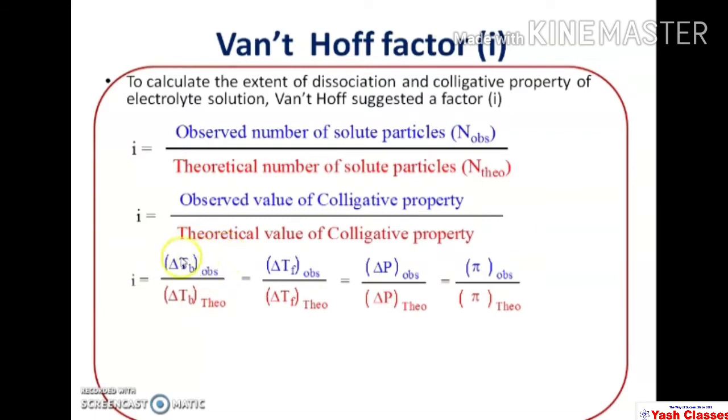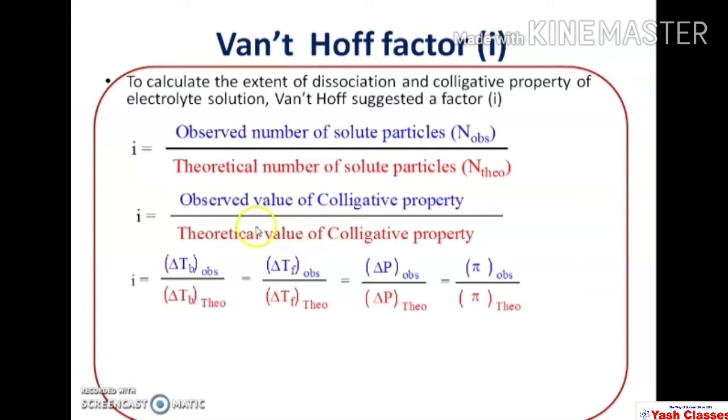Actually observed colligative property is, for example, when an electrolyte dissociates and we get more value of colligative property than expected, that is observed colligative property. And theoretical colligative property is the value calculated or obtained considering there is no dissociation of electrolyte.